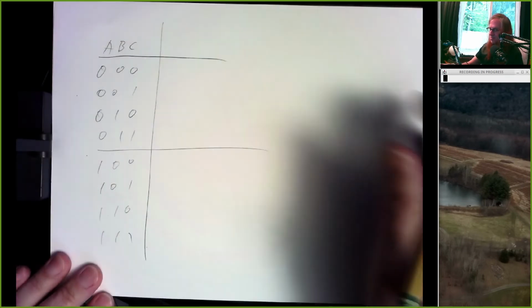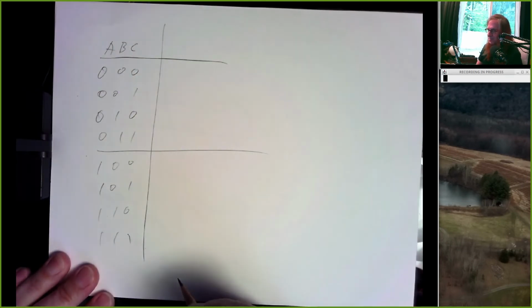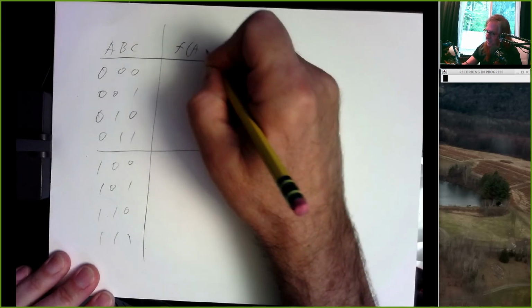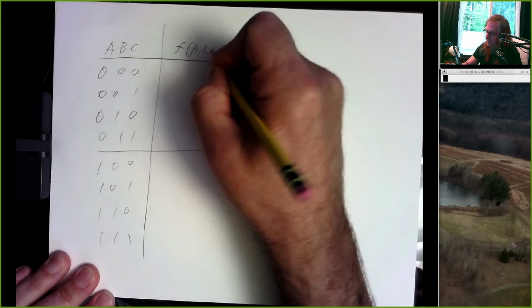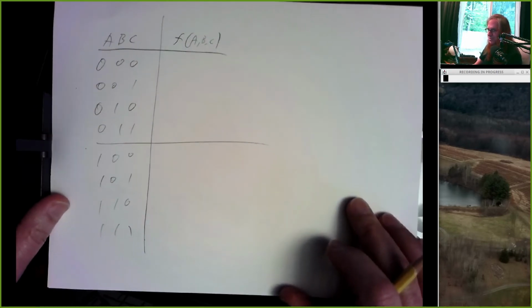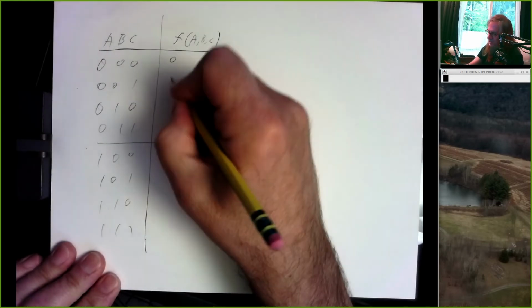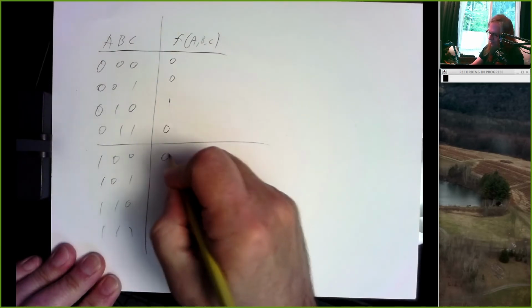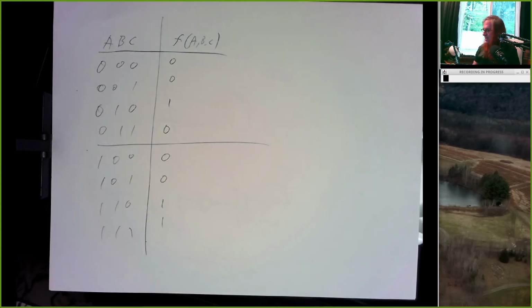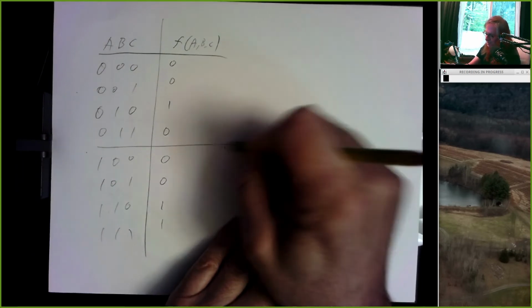Let's imagine we have some set of inputs A, B, C, and some output F, which we can think of as F of A, B, C, kind of like a function. I don't know what our outputs are going to be, so let's go back to the cookie jar. Something like this. Let's suppose that's the set of outputs that we want.